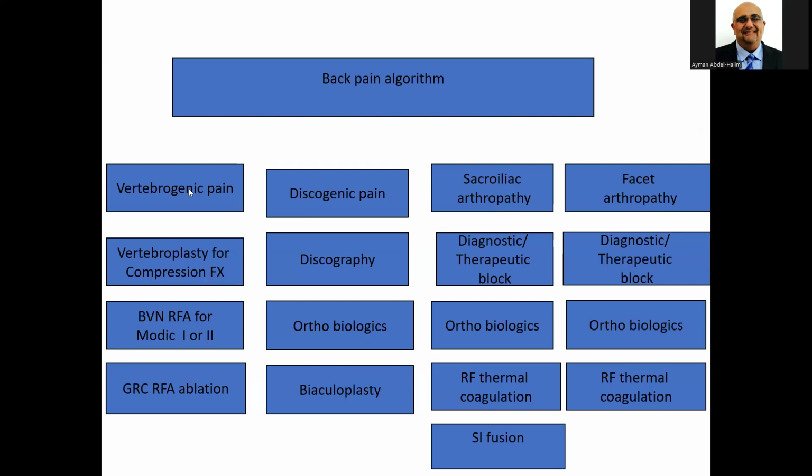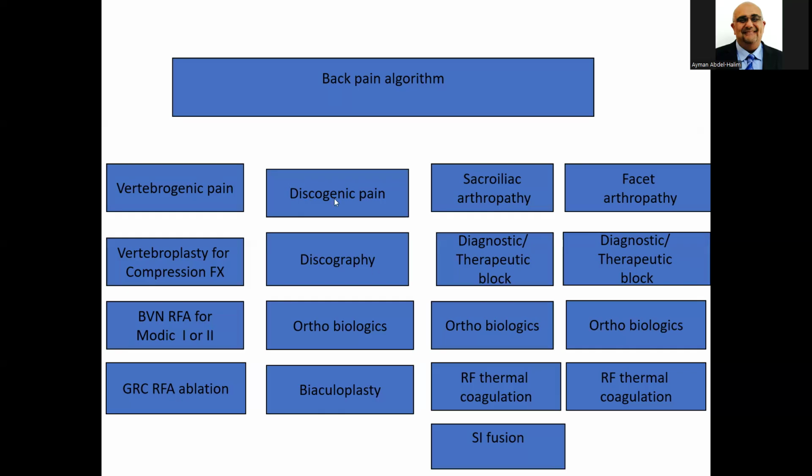So what are we doing with vertebrogenic pain? We can do vertebroplasty, which is basically injecting cement, or we can do the BVN radio frequency, okay, for type 1 or type 2 Modic, okay? And the last procedure is the gray ramus communicans radio frequency if everything fails.